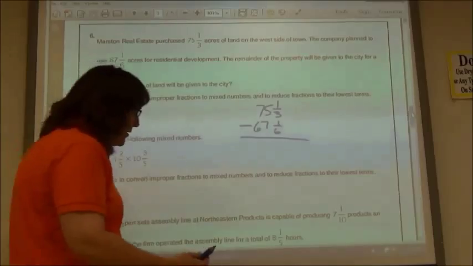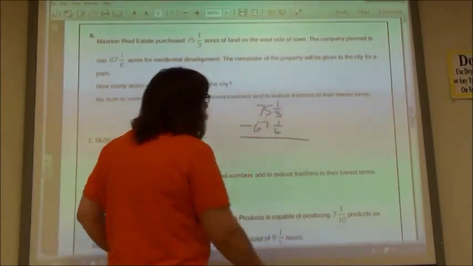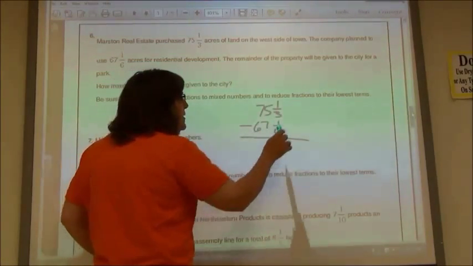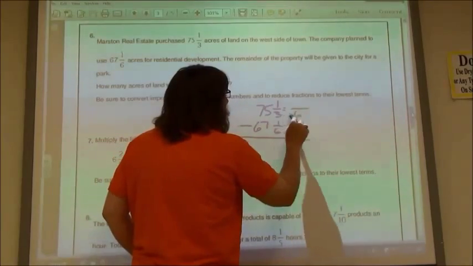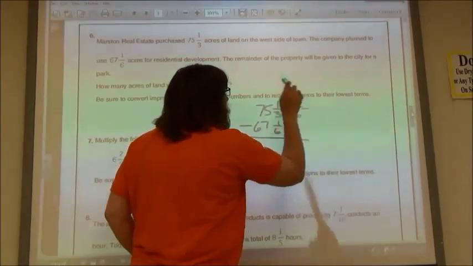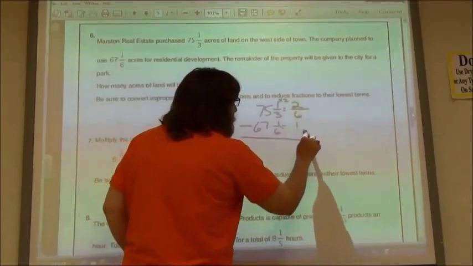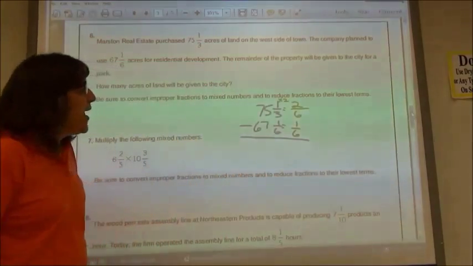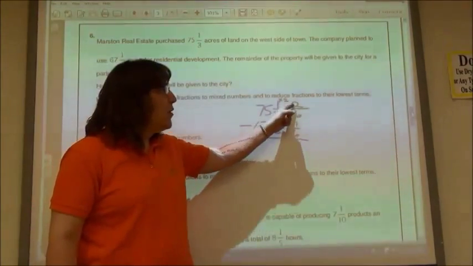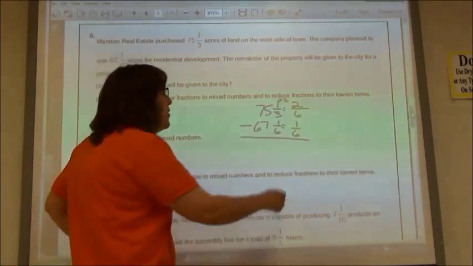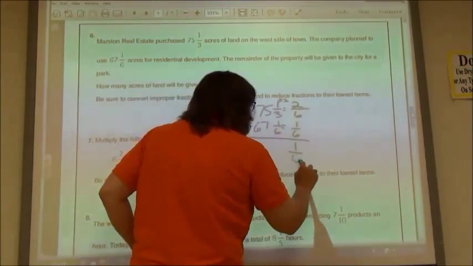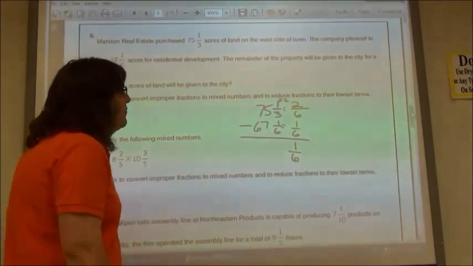So again, subtracting fractions, we have to have a common denominator. 3 does go into 6. So 3 goes into 6 2 times 1. 1/3 is 2/6. The 1/6 doesn't have to change, and fortunately on this one we can take 1 away from 2, so we don't have to borrow. 2 minus 1 is 1, so we get 1/6. And then we have to subtract.